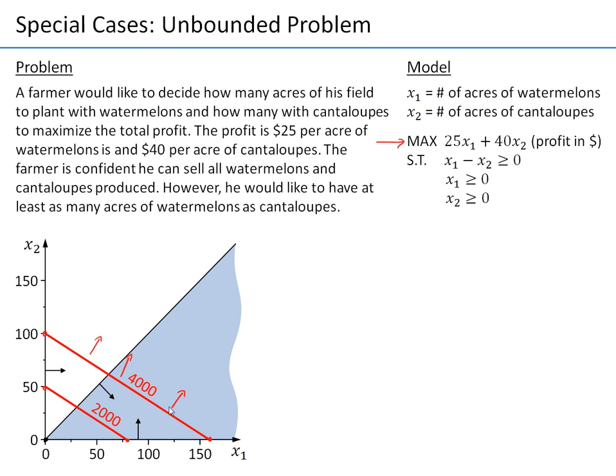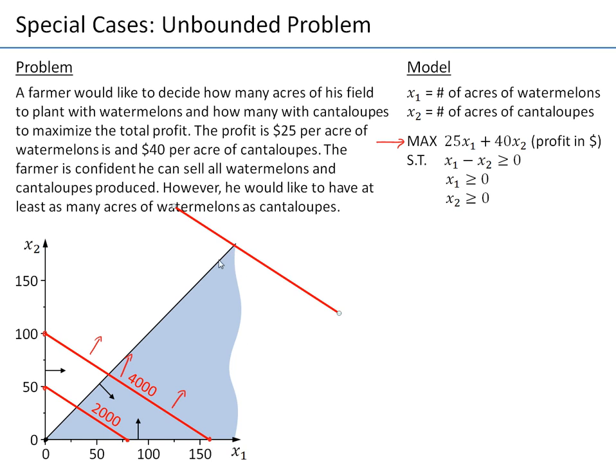So how far can we move the level curve in the direction of improvement? Is this far enough? No, there are still points that are above. Is this far enough? You might think that's it, this is the optimal solution, but remember what I told you, there is no boundary here.